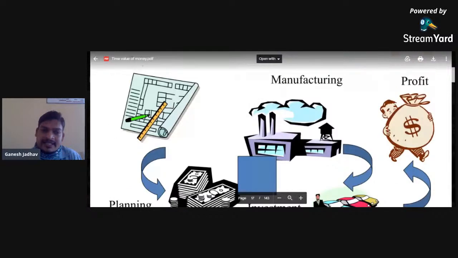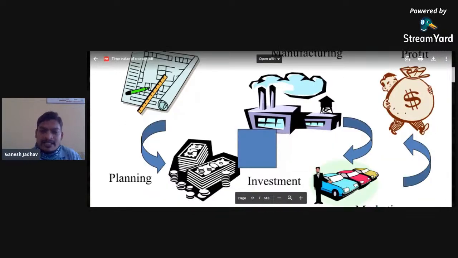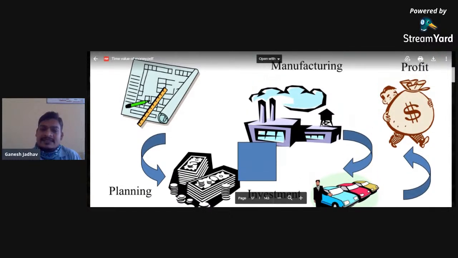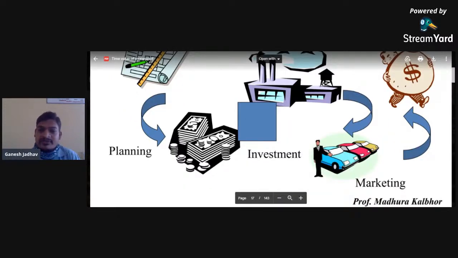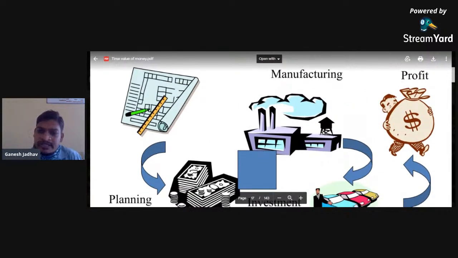Get it? This is a very simple step. First is the planning, another is the investment of money, or financial investment. Then the manufacturing, from which a number of products are produced, and from the marketing of that product we get profit.